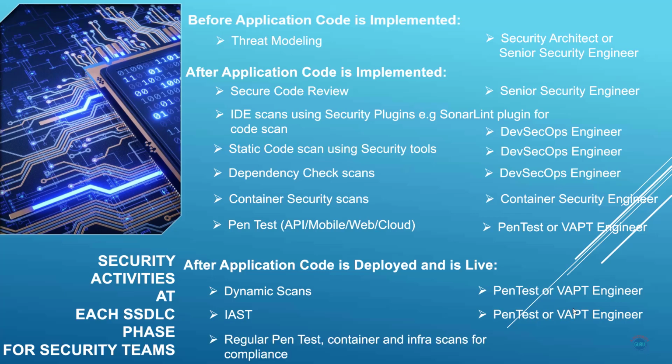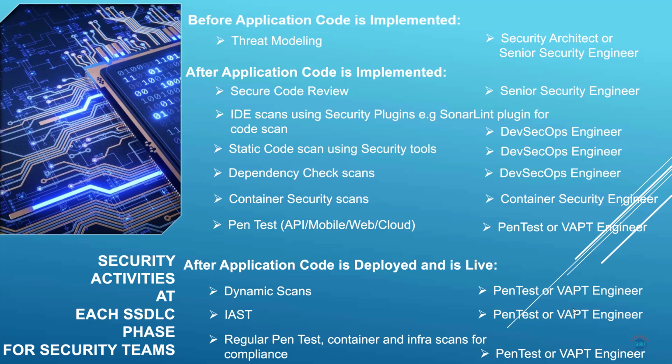And finally, the regular pen test, container and infra scans for compliance is also performed by pen test or VAPT engineers. So I wanted to share the various job roles that are there in application security for each phase of your SDLC lifecycle.